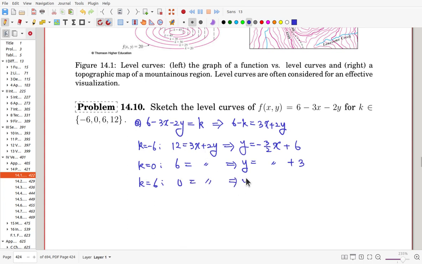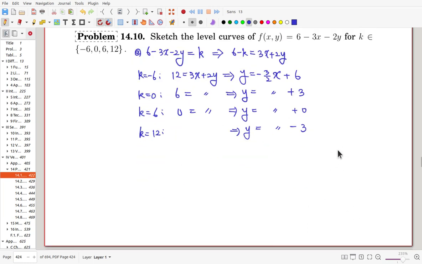So from here, y equals that same term, and here that will be 0. Along with that pattern, you can conclude when k is 12, then we have y equal to this linear term minus 3. You can see quite easily.